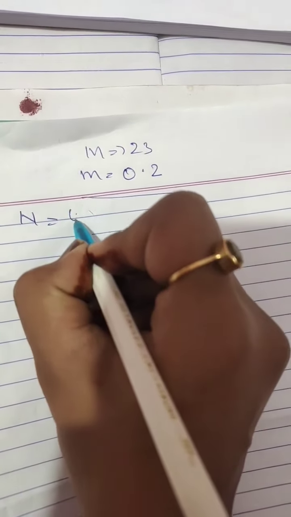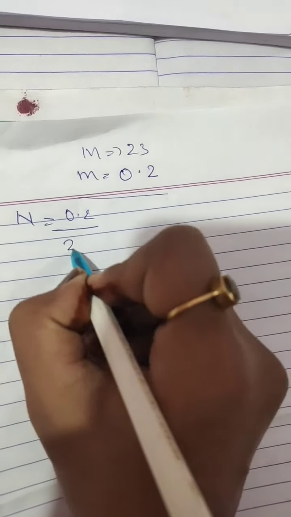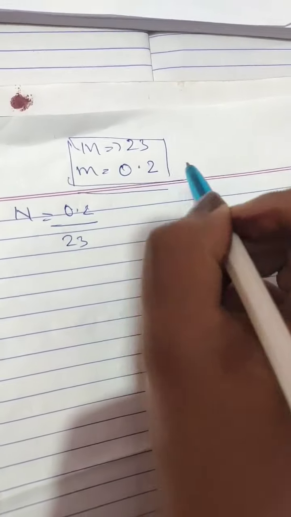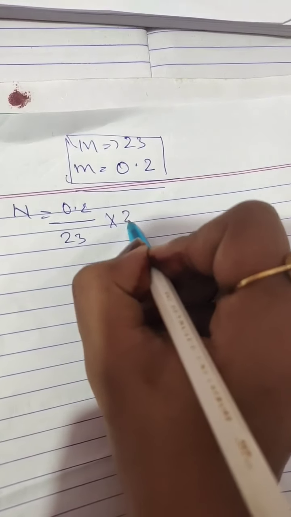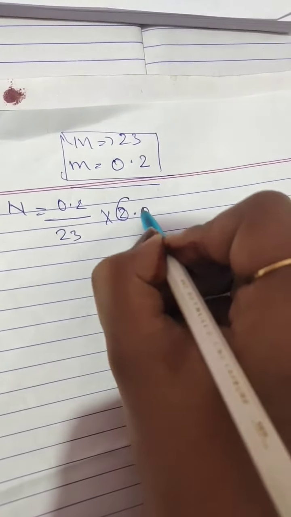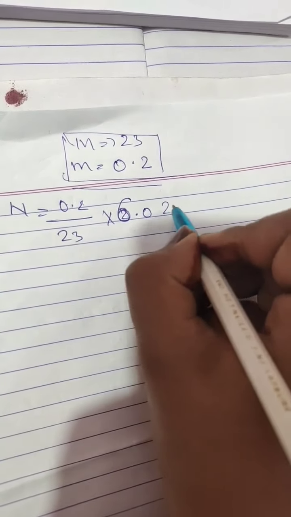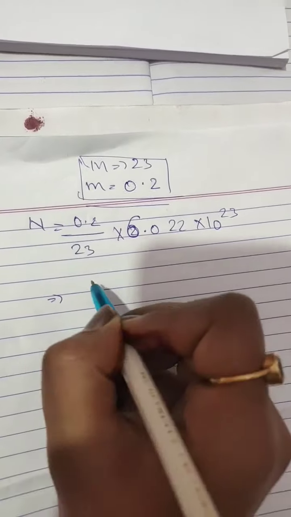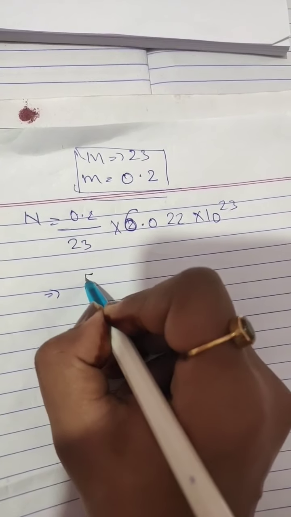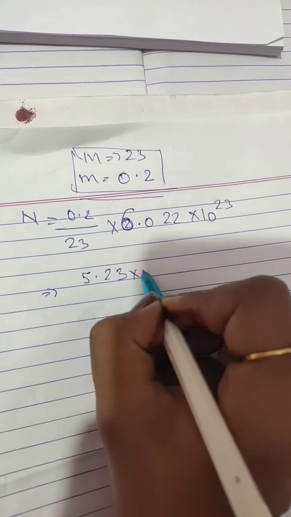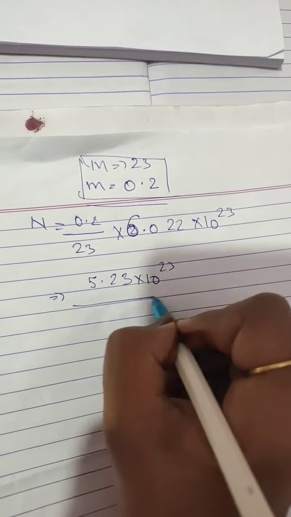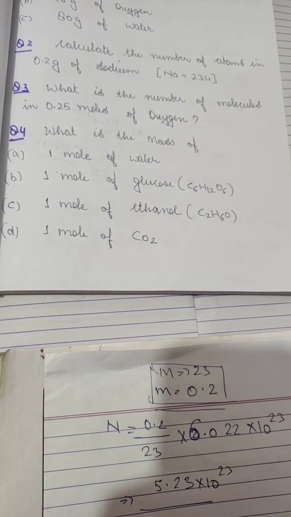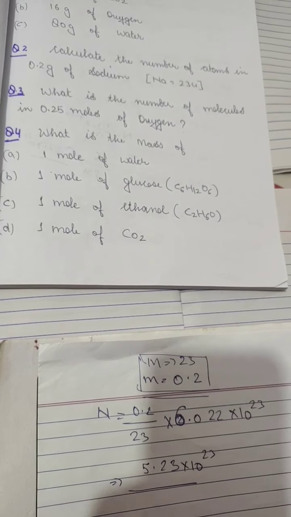The formula will be 0.2 upon 23 into 6.022 into 10 to the power 23. While solving this, we'll get 5.23 into 10 to the power 23. You can solve this.